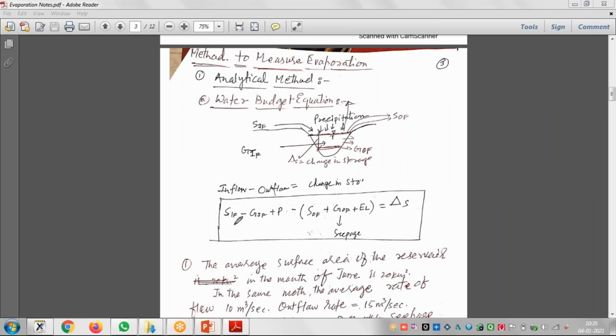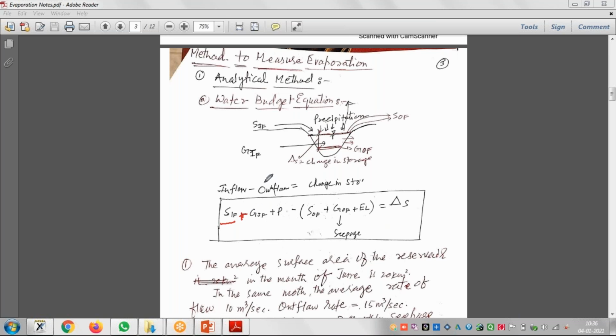So here you will see this is the inflow, surface inflow, those which are coming, we will take as inflow. So surface inflow, whatever incoming is there, minus the outflow. This should be plus actually, I think.